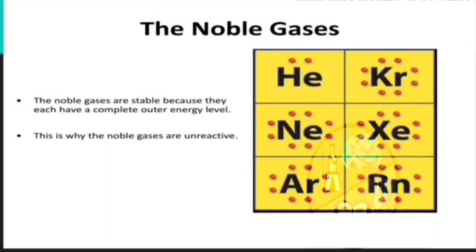The noble gases are the elements that are most stable due to the maximum number of valence electrons present in their outermost shell. And the noble gases are as follows: helium, neon, argon, krypton, xenon, and radon. This is why the noble gases are the happy atoms and are unreactive.